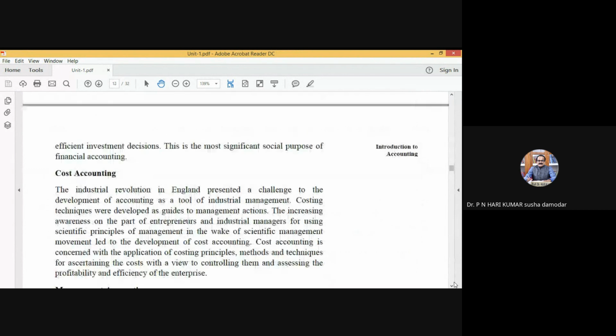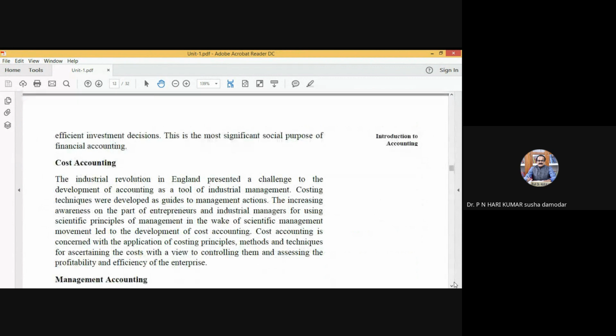Next one, cost accounting. So what are the limitations of financial accounting? Because cost accounting emerges in order to overcome the limitations or drawbacks of financial accounting. So sometimes you can expect a question for your examination: distinguish between cost accounting and financial accounting. See, in cost accounting, we record the cost of a particular product, the cost of manufacture of a particular product.